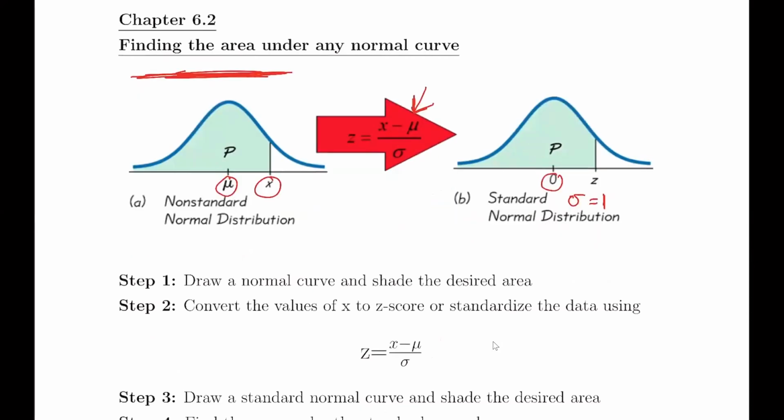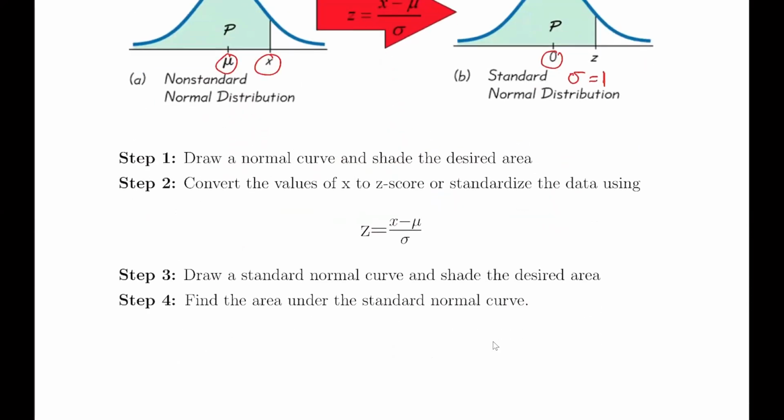So here are some steps that we're going to want to do. First we're going to draw a normal curve and shade the desired area. We're going to convert the value from an x value to a z-score. And then we're actually going to skip step 3 and go all the way to step 4 where we find the area under the standard normal curve.